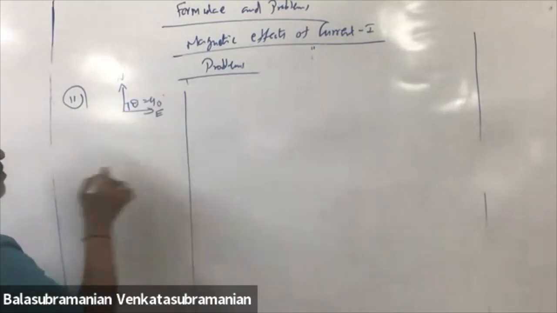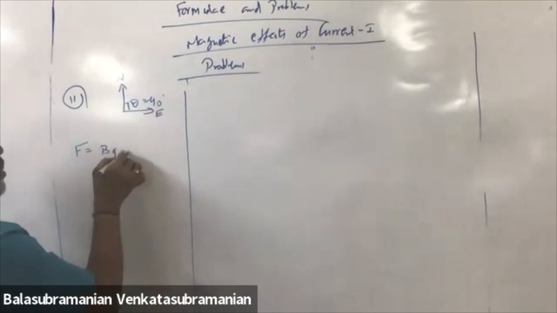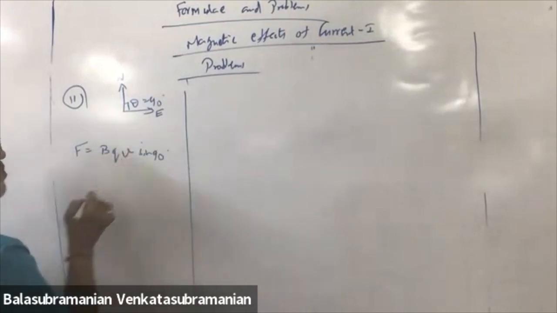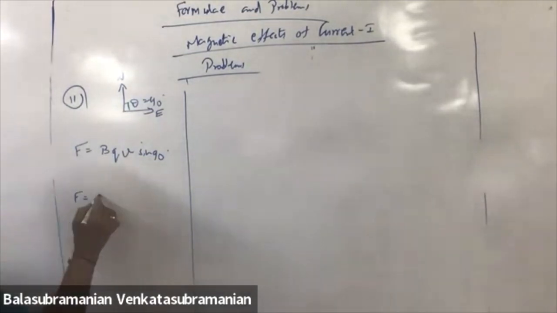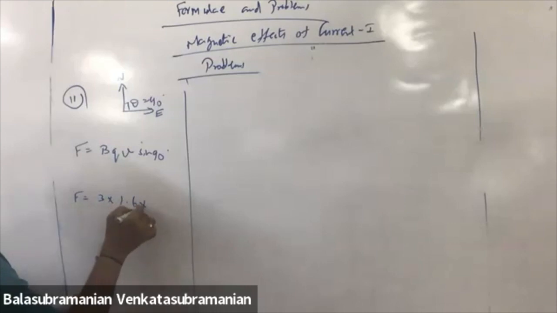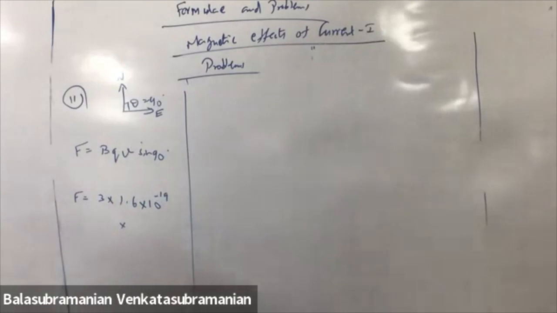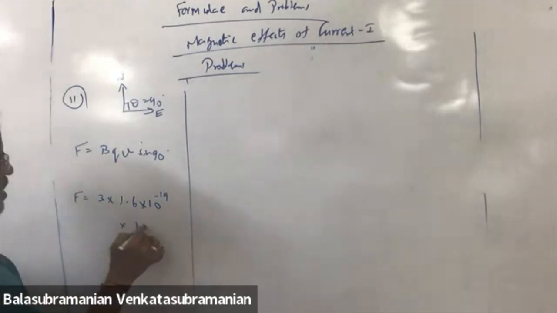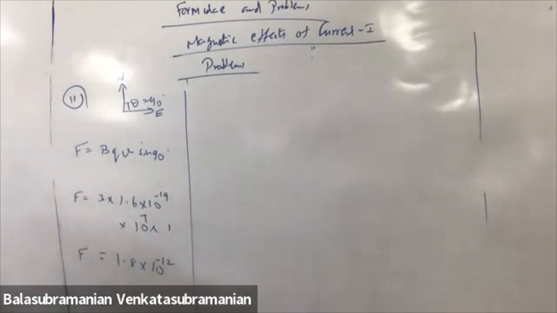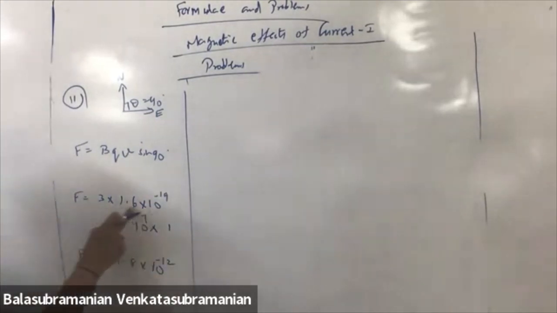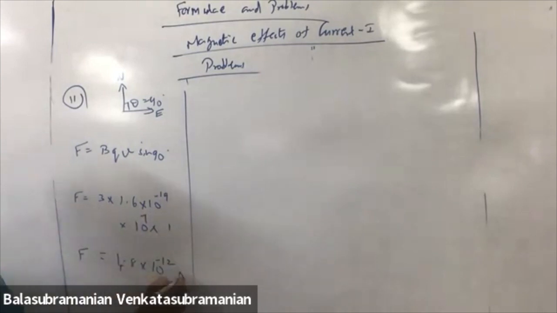F is equal to BQV sin 90. 3 Tesla, charge of an electron 1.6 into 10 power minus 19, then velocity 10 power 7, sin 90. 3 into 1.6, so 4.8 into 10 power minus 12.